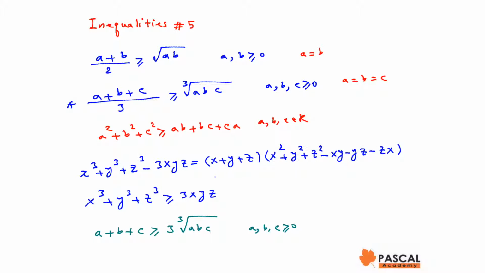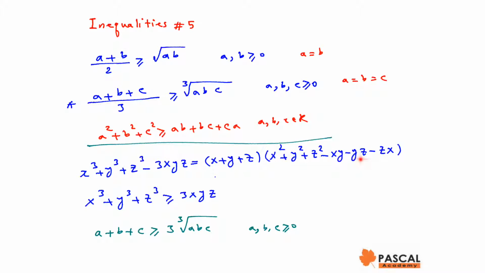In our previous lesson, we proved for any three real numbers a, b, and c, a² plus b² plus c² is greater or equal than ab plus bc plus ca. We know x³ plus y³ plus z³ minus 3xyz is equal to (x plus y plus z) times (x² plus y² plus z² minus xy minus yz minus zx).